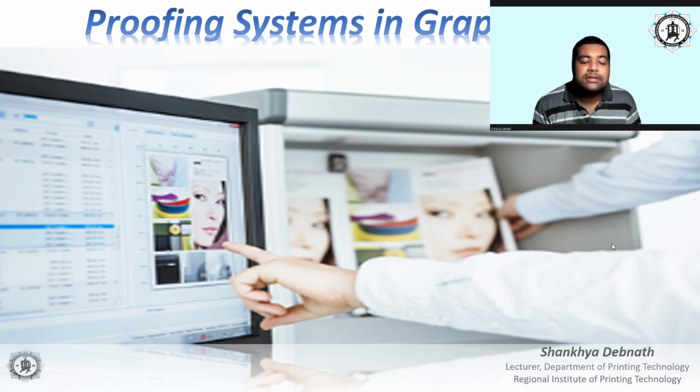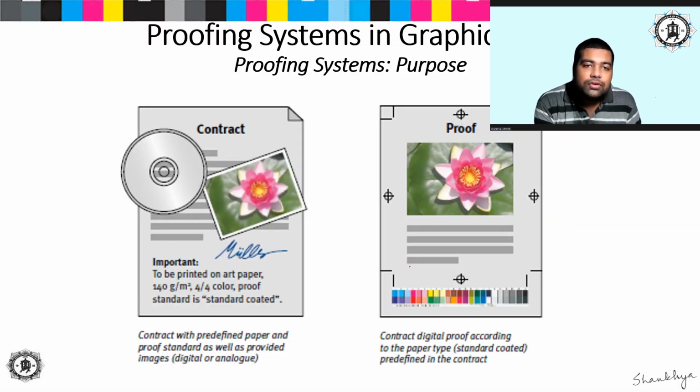what is the purpose of getting proofs, right? So, you can say a proof is basically a print reproduction only. It may be either in hard copy or soft copy, but here first let us discuss only about the hard copy proofs.